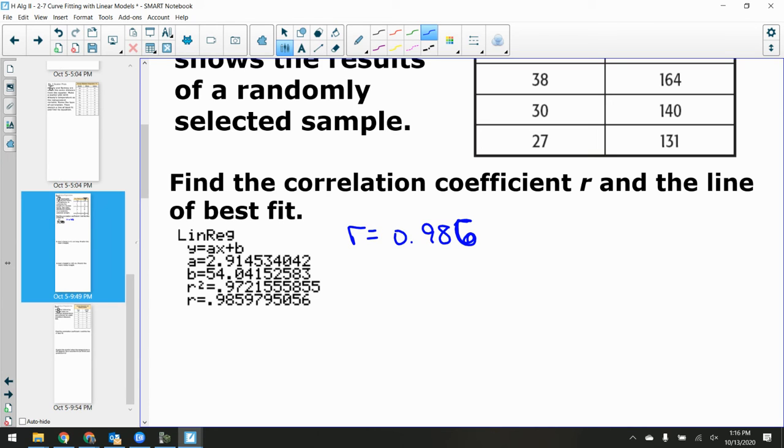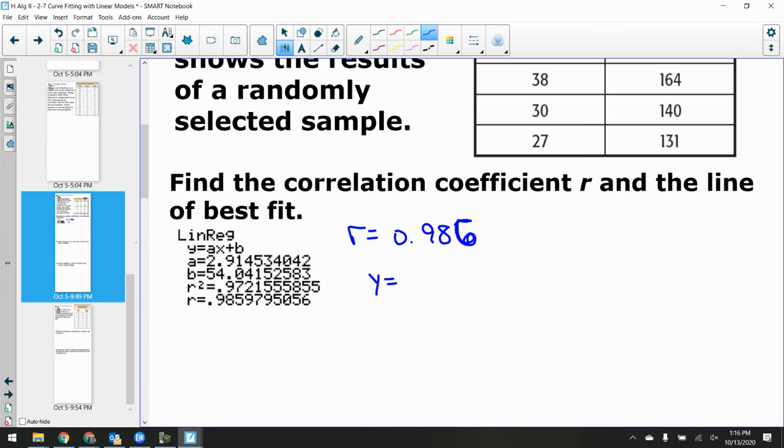So what does that tell us? That tells us that this is a positively correlated relationship. As one goes up, the other goes up. And as well, that this set of data is strongly modeled by this equation. This equation is a pretty strong model for it.